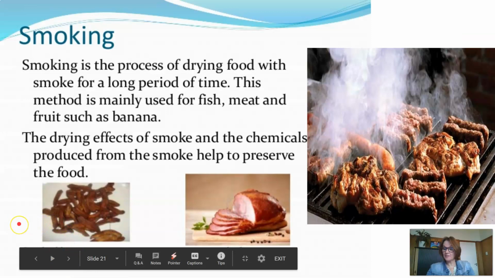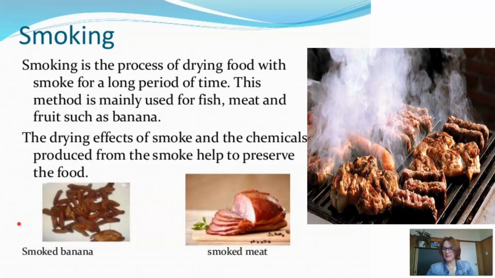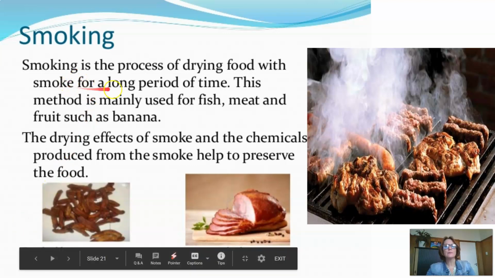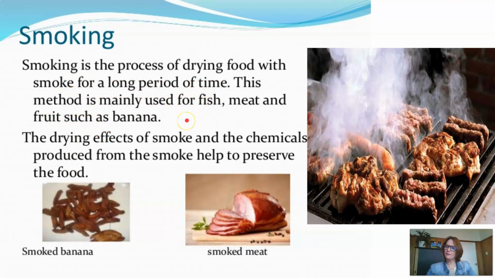Smoking, everybody loves this process, especially in South Africa. It is the process of drying food with smoke for a long period of time. This method is mainly used for fish, meat, and even fruit, such as bananas. Never tried a smoked banana, but you can always try something new. Don't be afraid to try new things, boys and girls.